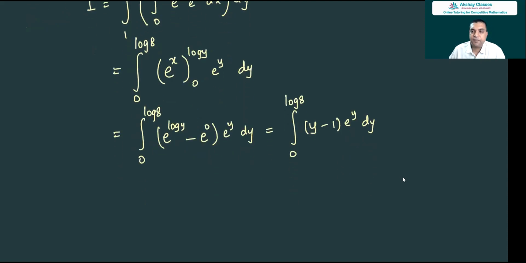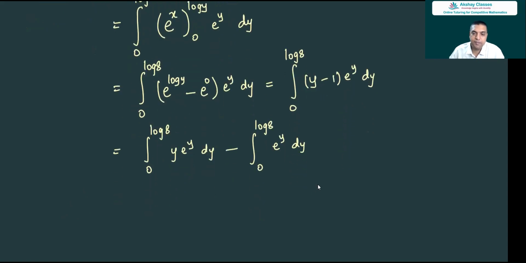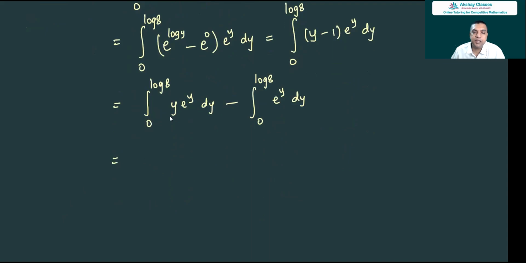So now we can integrate by parts. 0 to log 8 y e power y dy minus 0 to log 8 e power y dy. So first one, integrating by parts, I late, exponential is the second function.